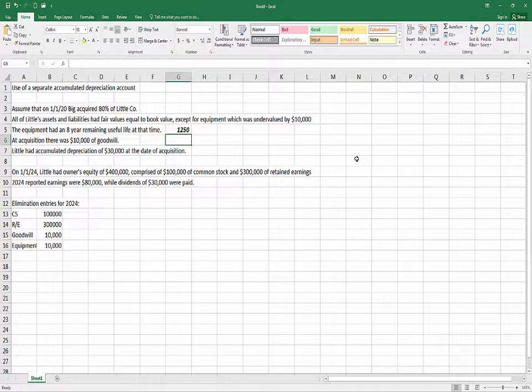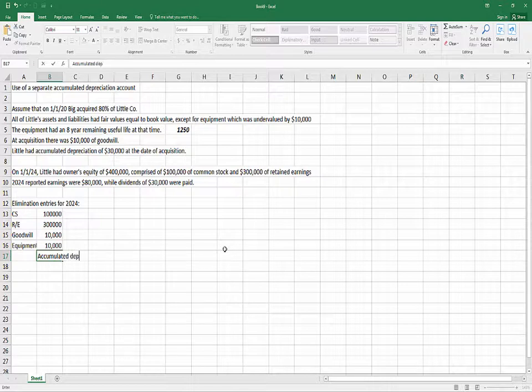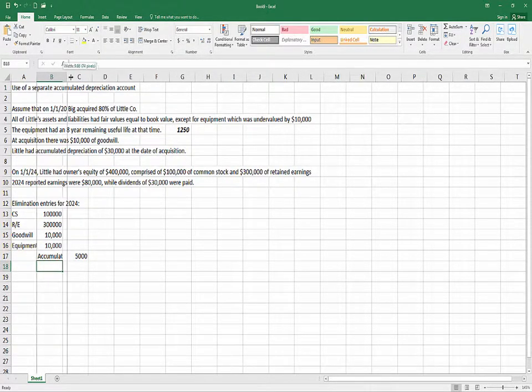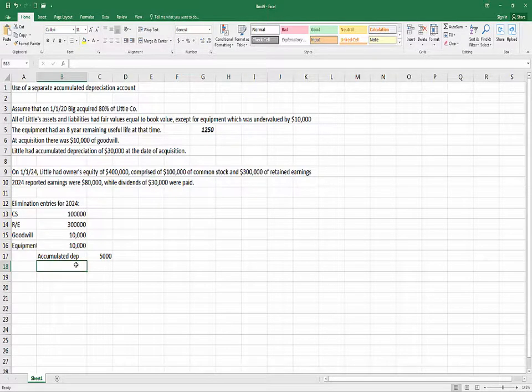So they've already got, in the past, 4 years of depreciation on this thing at $1,250 per year. And so they would be carrying forward $5,000 of accumulated depreciation. And again, that's just the accumulated depreciation from the annual amortization entry.